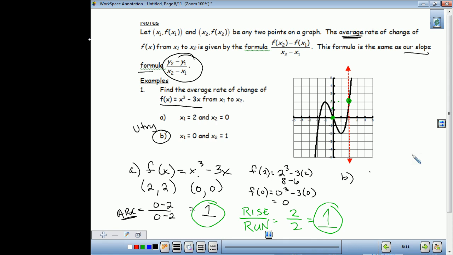That's right. That is the truth. So it's negative 2 is our rise, run is 1.